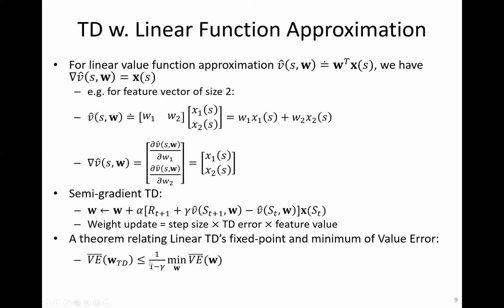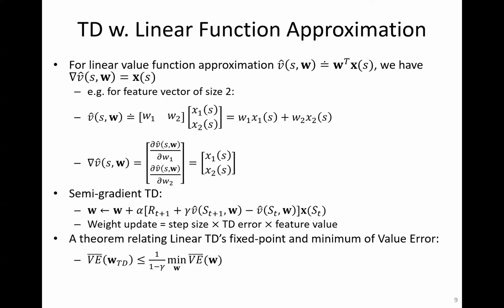So there's a theorem that relates linear TD's fixed point and the minimum of value error, which is less than or equal to 1 over 1 minus gamma times the minimum. So it's a non-trivial theorem. If gamma is large, that is, you're looking a long time into the horizon, then the error of TD may be very large.